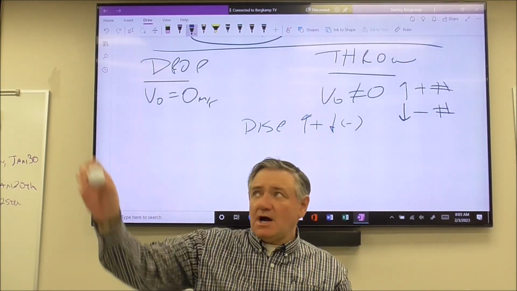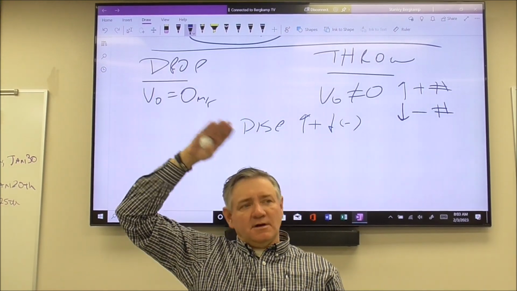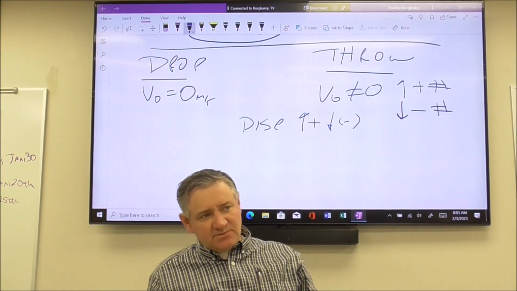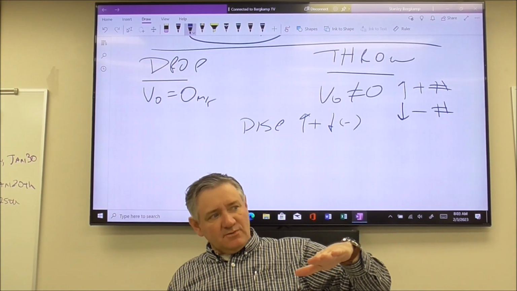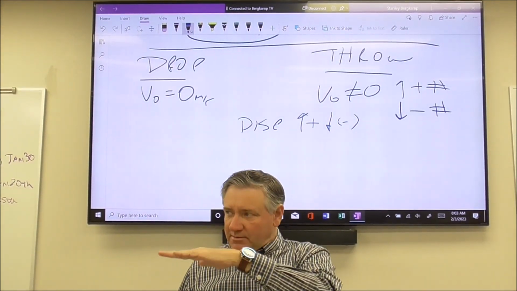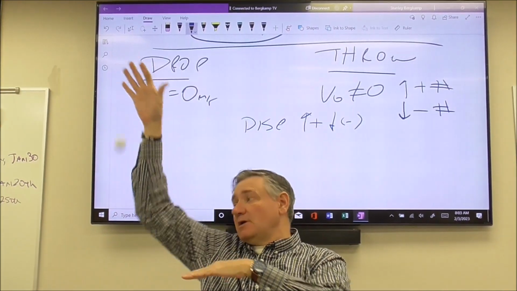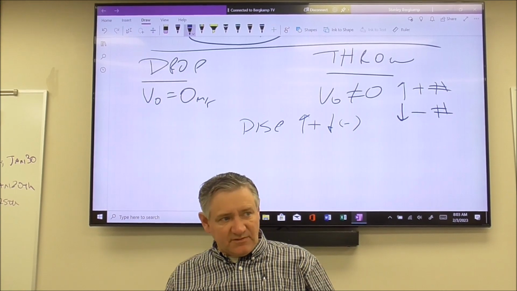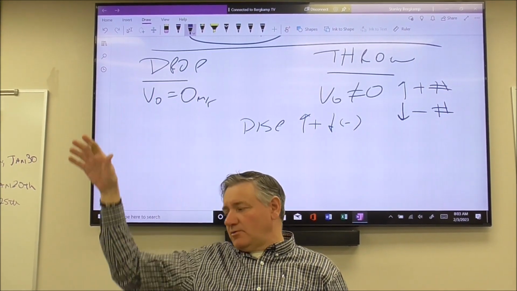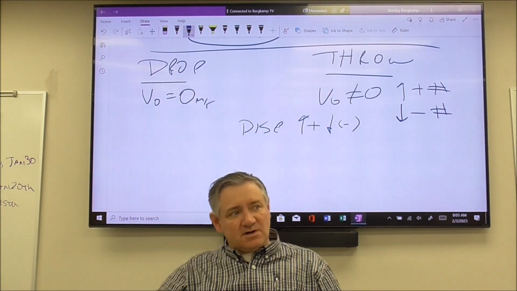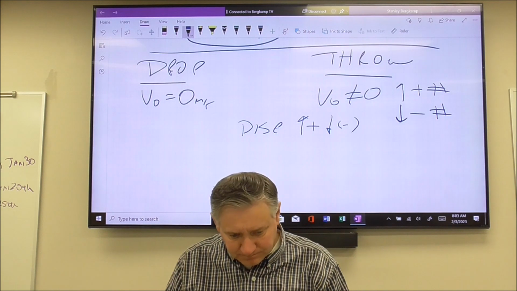So if I drop this ball and I make this the reference point, then it's going to be moving away from 0 with negative displacement. If I make the ground the reference point, and the ground is 0, then it's going to have some positive position up here, and then it's going to fall towards the reference point. So depending upon how you set this up, it's either going to go away from the reference point or it's going to go towards the reference point, depending upon how you set up the problem.